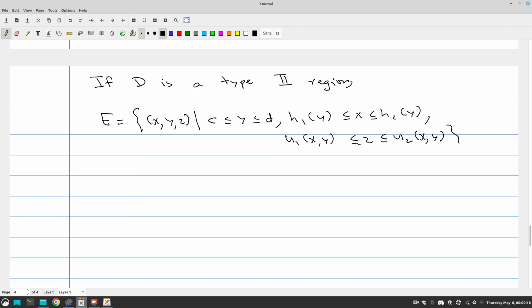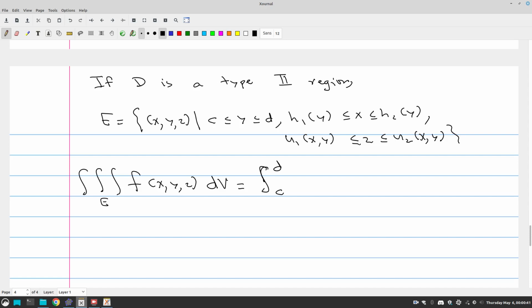Then we may write the integration over the region E of f(x, y, z) dV equals, remember, always do the integration with the constant limits at the end.